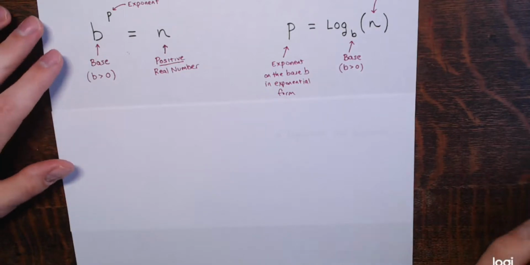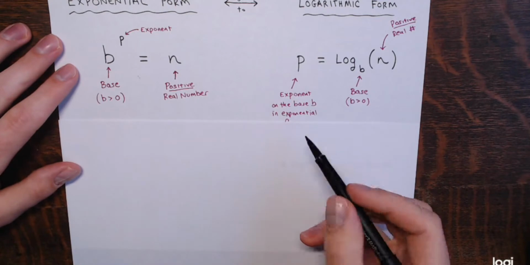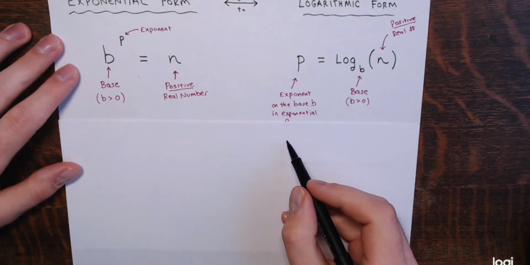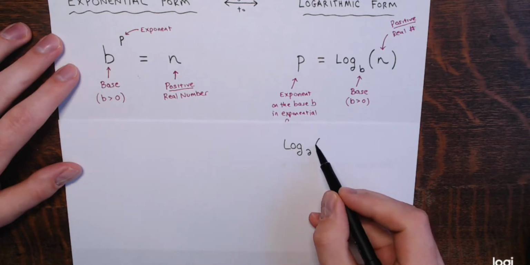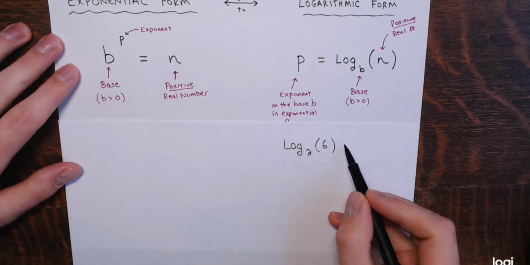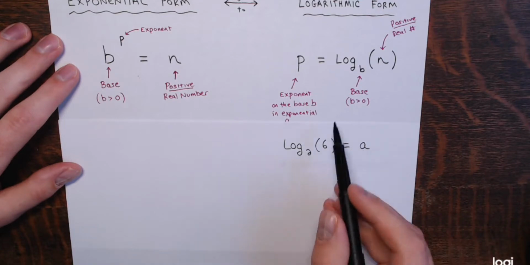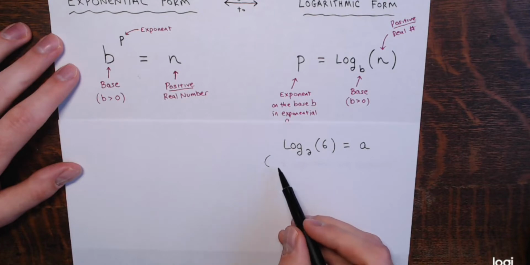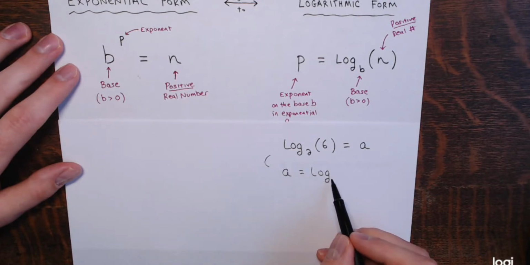So again, I got them here, the general form. So this time we're given the log form. The log base 2 of 6 equals a. Or if you like having the log on the right side, this is the same exact thing as a equals the log base 2 of 6.